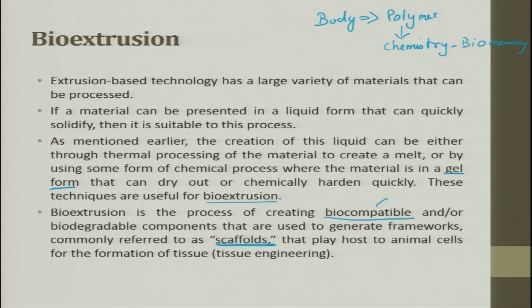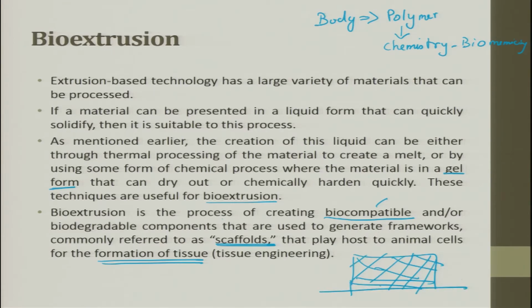host to animal cells for the formation of tissues. So, either you can make a scaffold, or you can make a compound like this, put it inside an ambience, and in that ambience you allow bacteria or whatever cells to grow.